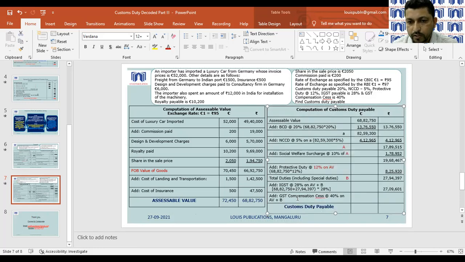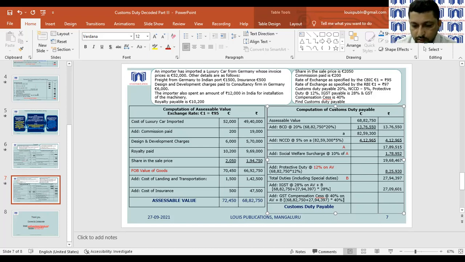We will show the calculation. We have 68 lakh 82,750 plus B value 27 lakh 94,397 into 40%.